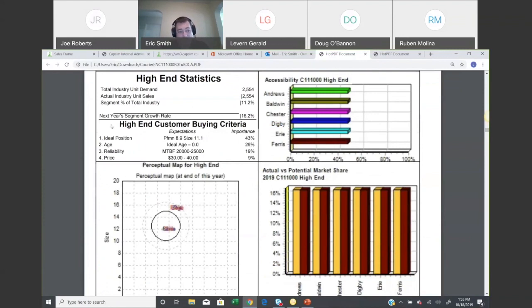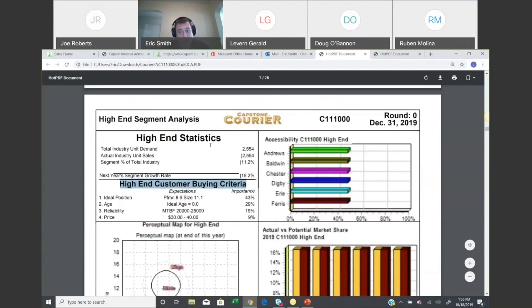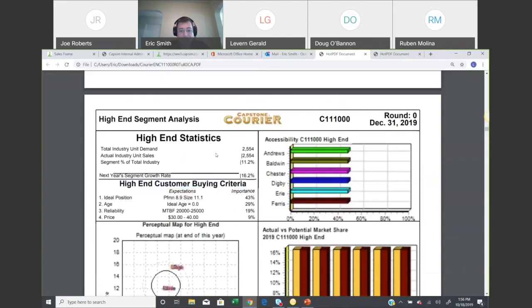You really need to pay attention to what the consumers are telling you, and make sure that your decisions hopefully result in a product that these folks would want to buy. Everything is predicated on having a product that the consumer wants to buy. So unless we are looking at the buying criteria and using this information that's been given to us, we're throwing darts at a dartboard, right?